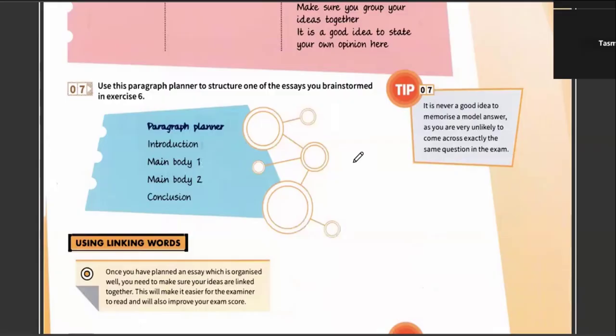They used to think that if something related to this, or any topic around the topic that I learned comes, I will just replace the words and I'll write whatever I learned. But actually, this is not the case. Every topic is different and every topic should be written in a different way. No topic matches with the other. So it's never a good idea to memorize a model answer, right?